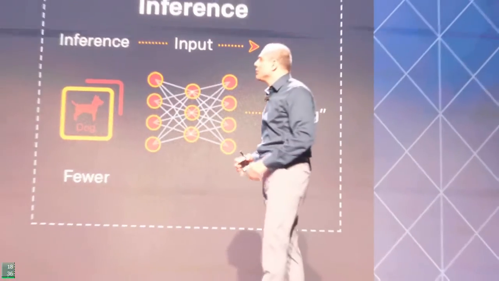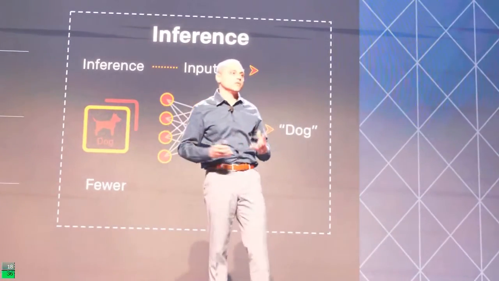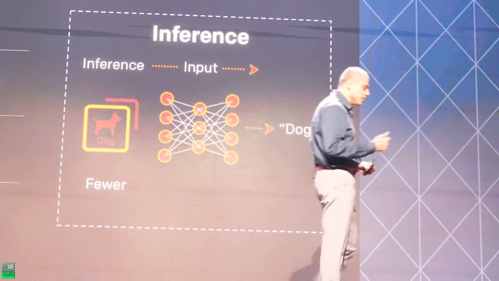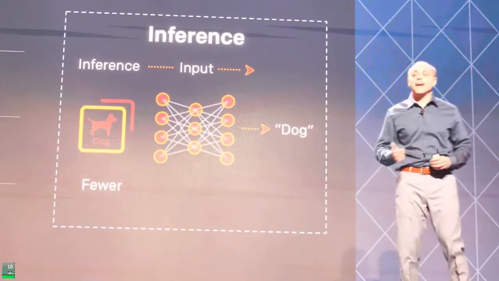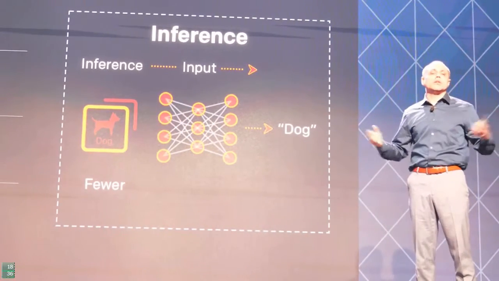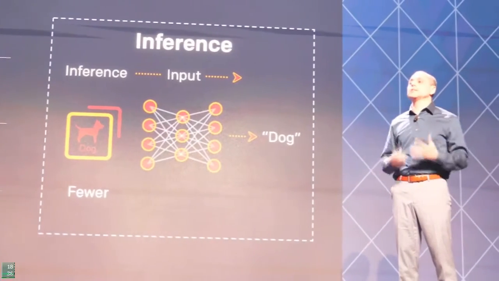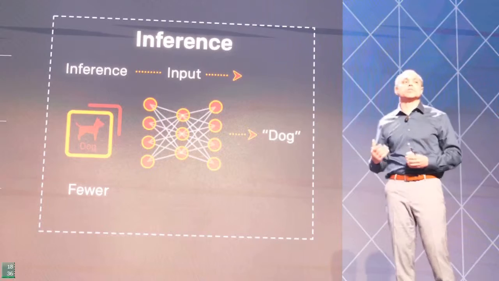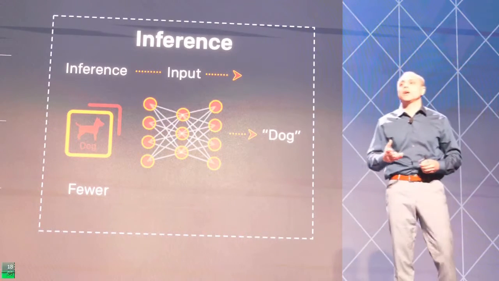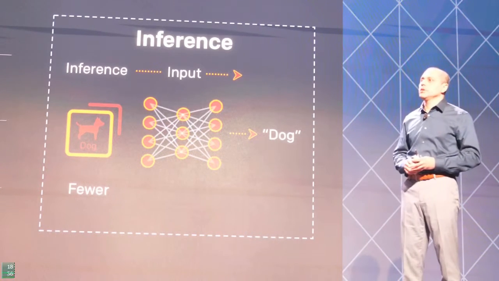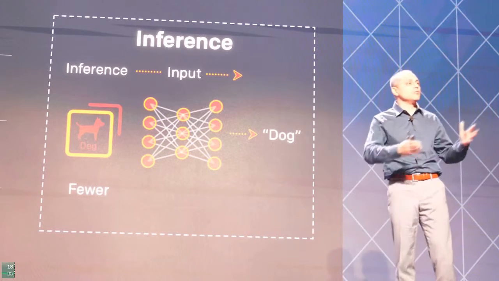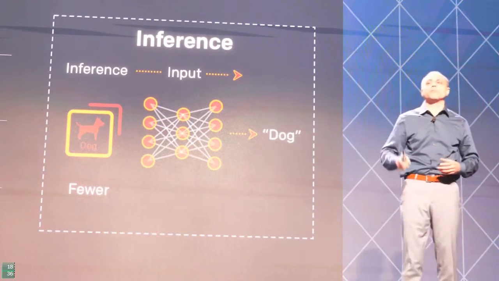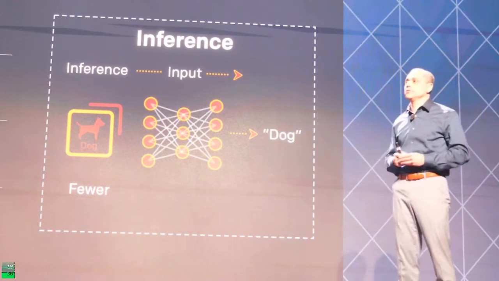Now let's take a look at some of the challenges associated with inference. Well, the first challenge has to do with the fact that the AI is getting innovated at a rapid pace. And keeping up with machine learning or AI is like shooting at a moving target. The second challenge has to do with the fact that we want low latency and high performance for many of the applications.